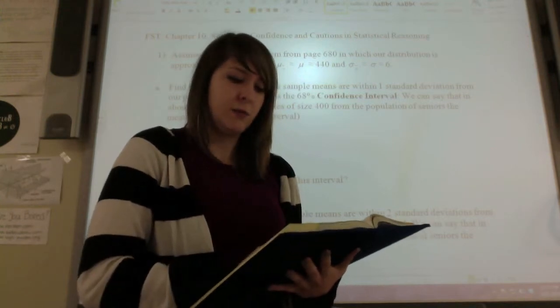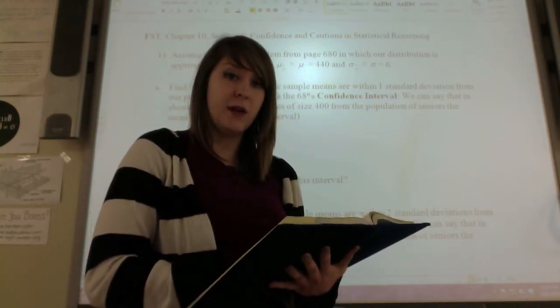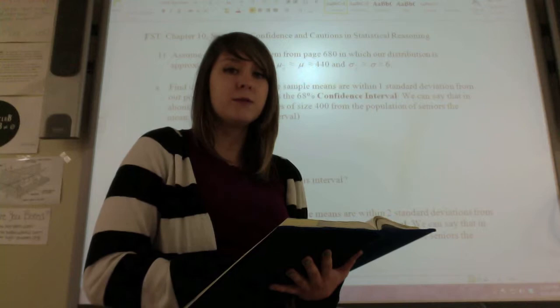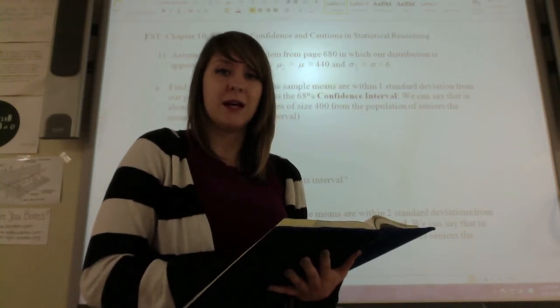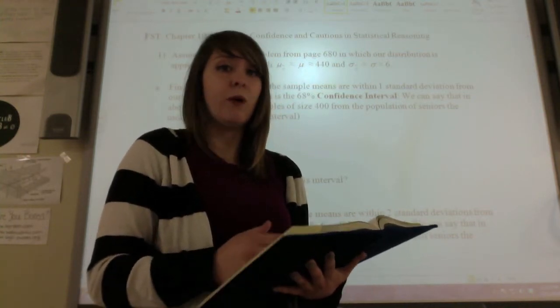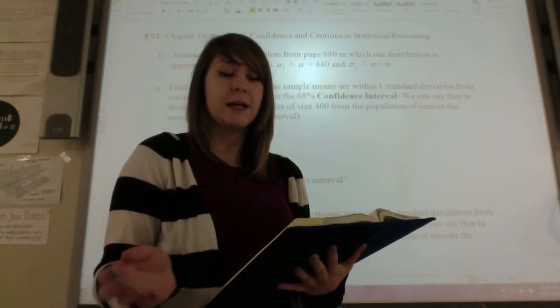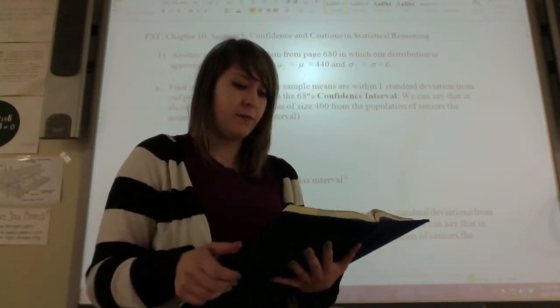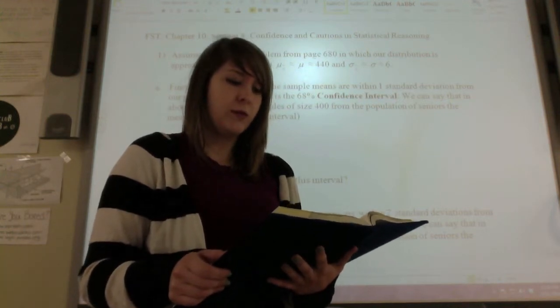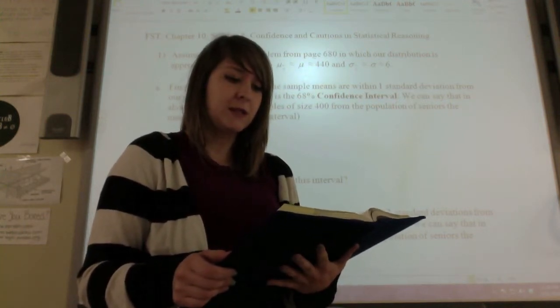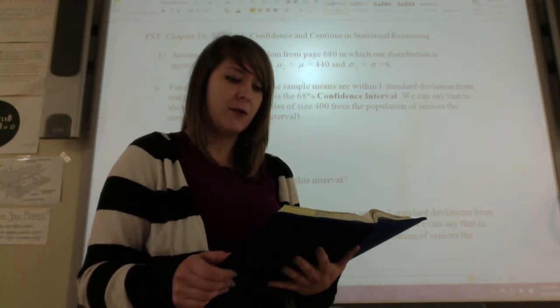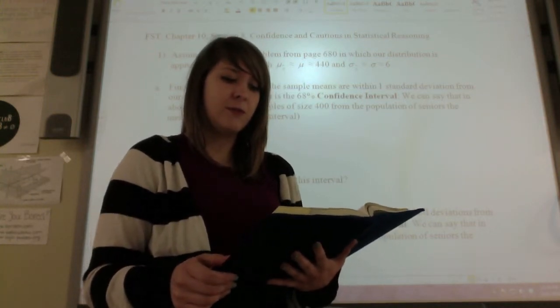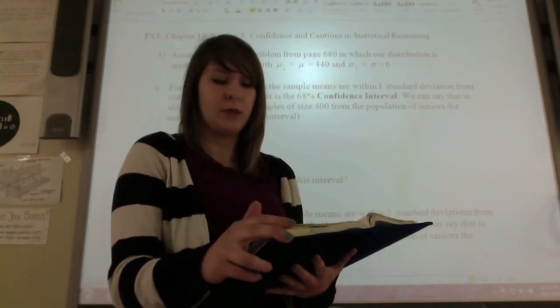So what they did there was, because 6 was our standard deviation, if we want to fall within 2 standard deviations of the mean, that means that 2 standard deviations would be 12, because it's 2 times 6. So they subtracted 12 and they added 12 to the mean to find their interval. You can report with 95% confidence that the mean score of the population of seniors in Ohio on the SAT-M is between 428 and 452.